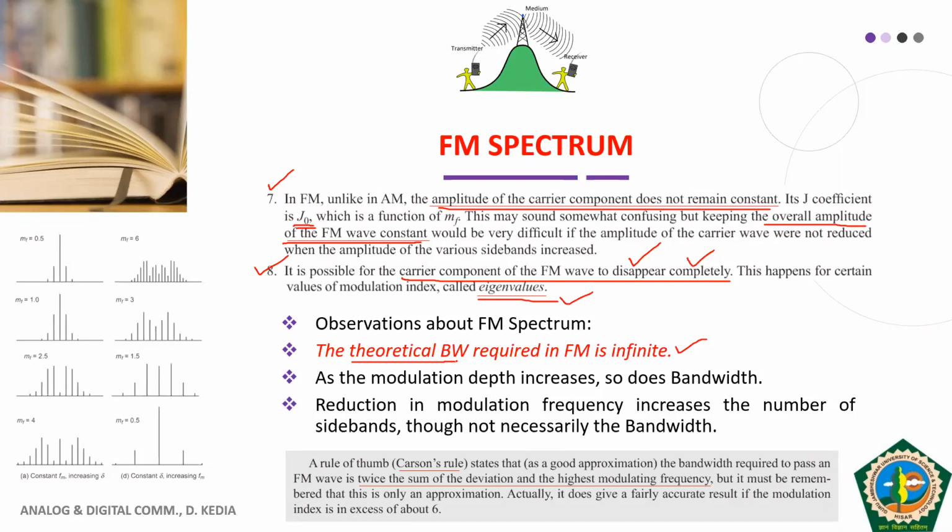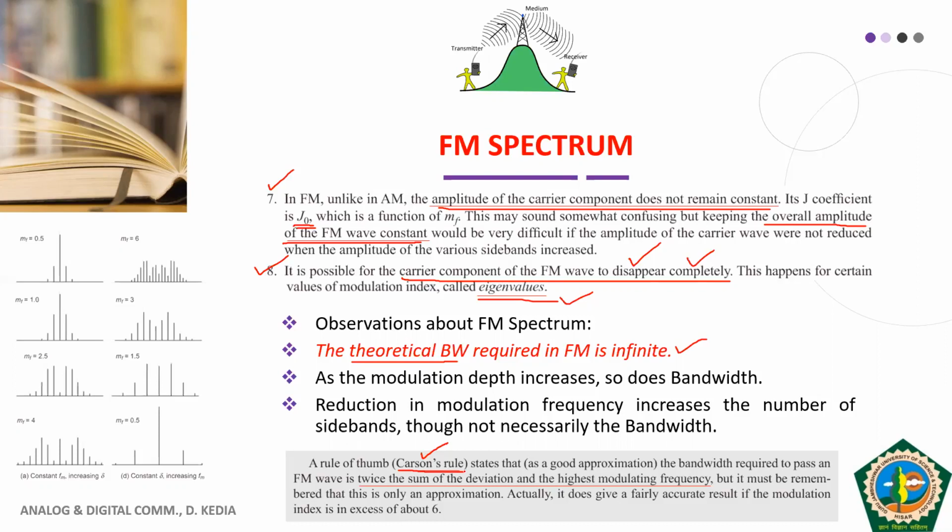We only consider those side bands up to which we have significant amplitude, and the rest of the side bands are discarded or ignored. That practical bandwidth is calculated with the help of a rule known as Carson's rule.